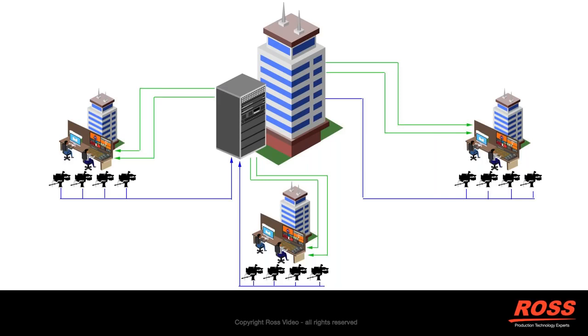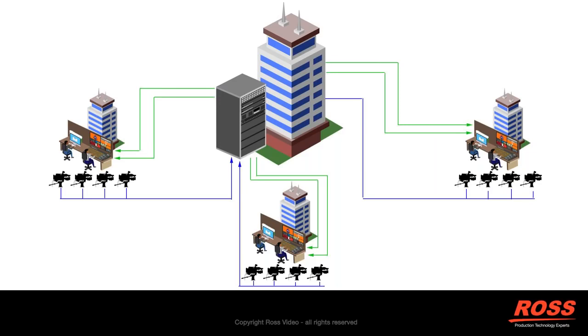They send camera feeds back to the central location, and they have control over the centralized equipment in their local location. So they can produce programming locally, but they're actually using a lot of hardware which is in the central Chicago office. Because they're around the world, they're in different time zones, so they can share the same equipment resource as they do their productions because of time zone offsets. So it can be very powerful.